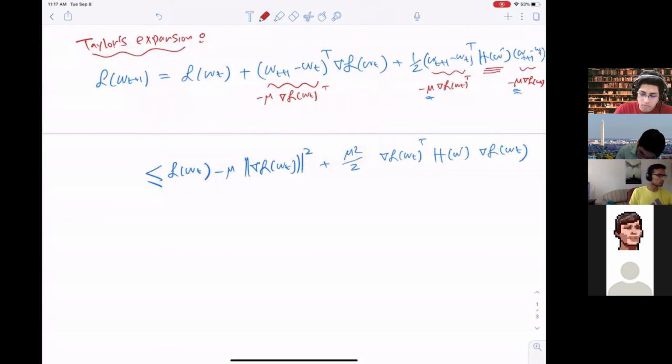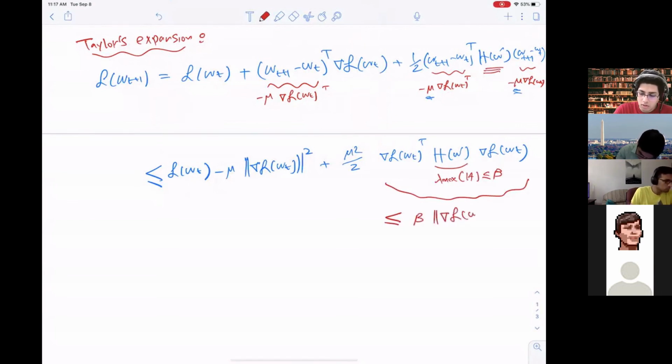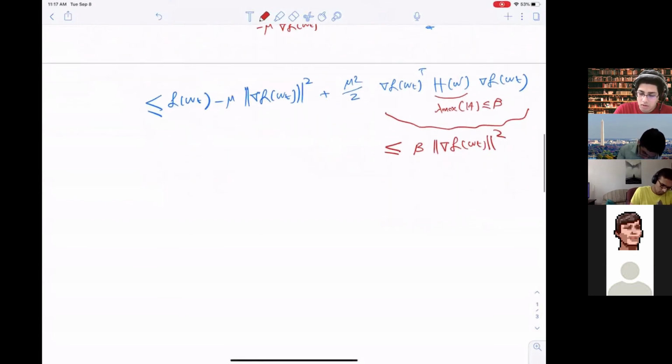And because the lambda max of the Hessian I know is bounded by beta, this whole term is bounded by beta times the norm squared of my gradient.